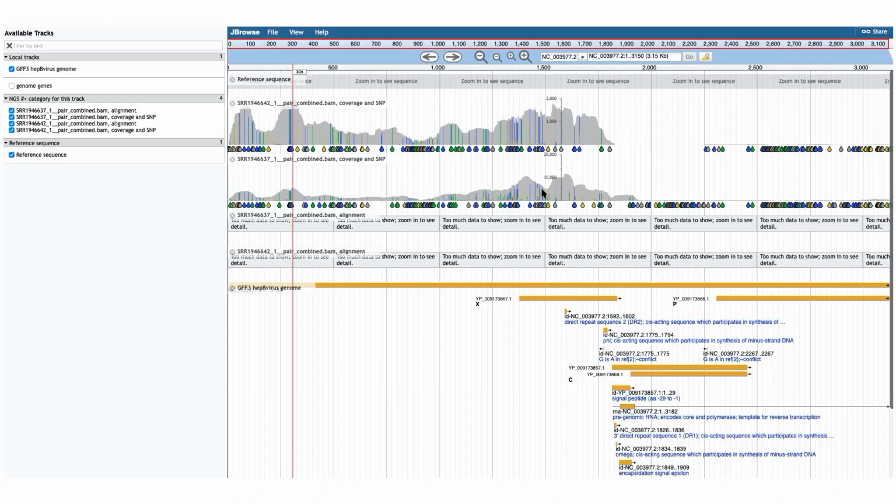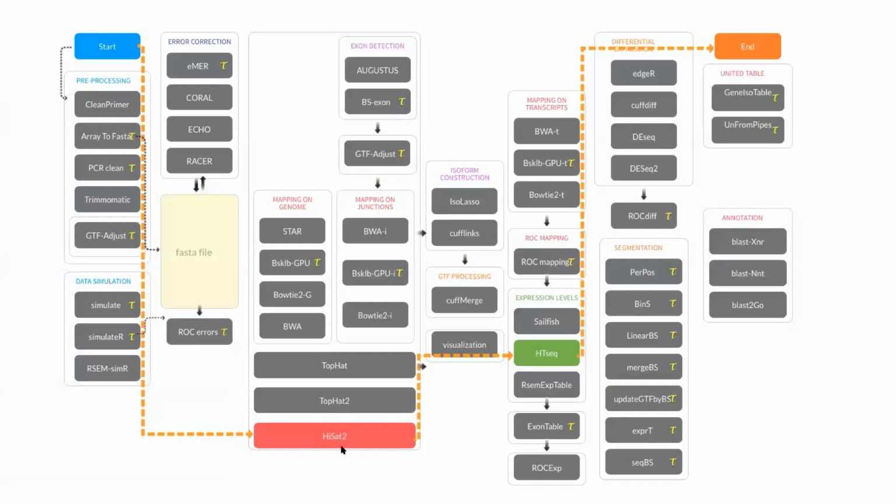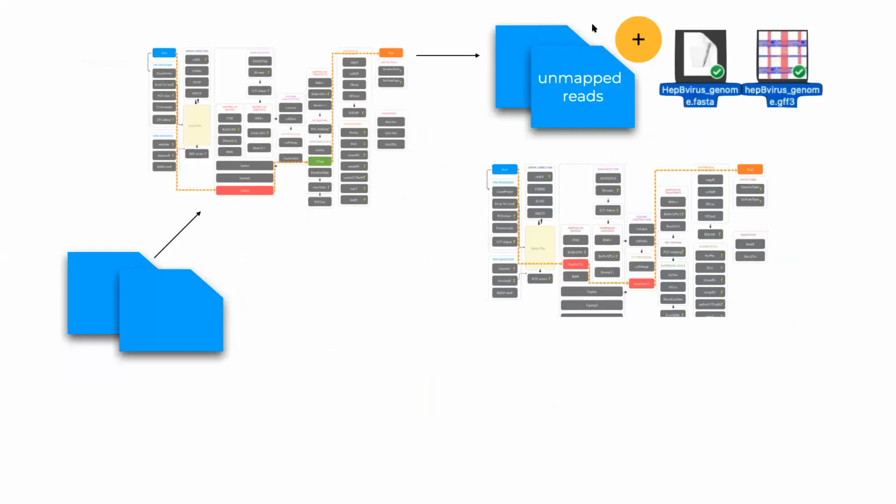But to make sure, remember, we have to first eliminate the reads that map onto the host genome. We can do that by mapping first onto the reference host genome, which is human in this case, measuring the expression, and then taking the unmapped reads and mapping those onto the hepatitis B virus genome plus the annotation.